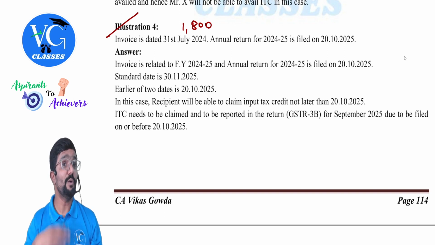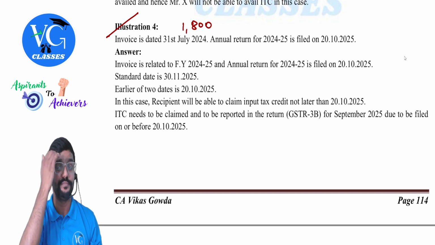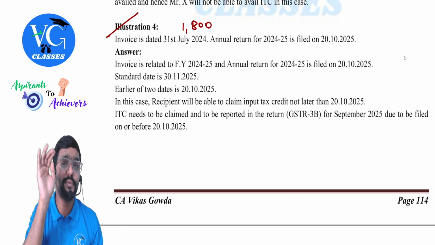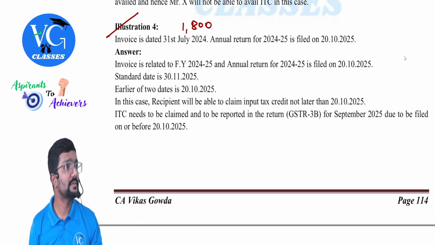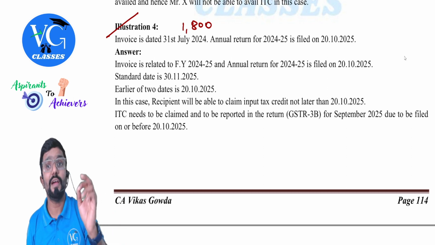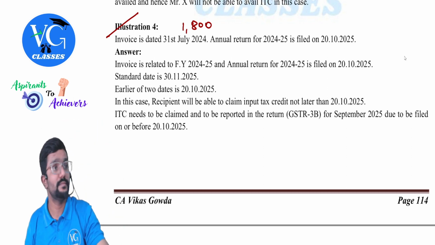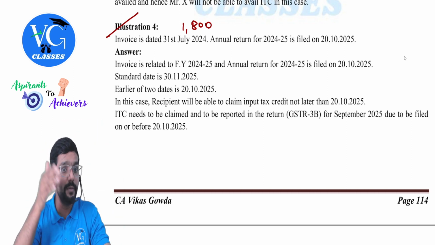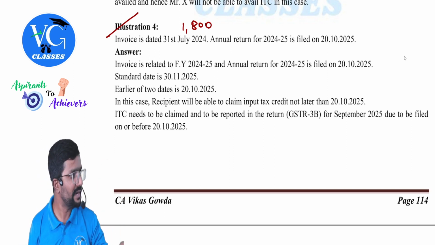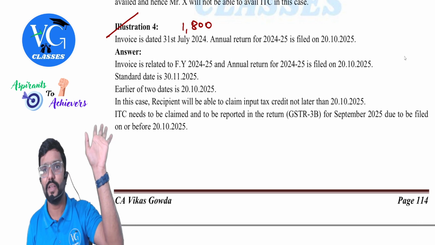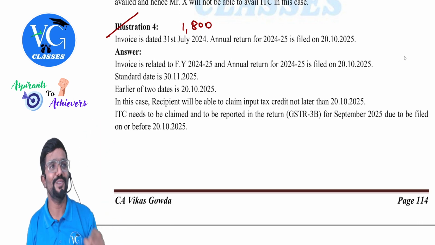Is that clear? Now there can be a chance like this also. Please listen. Now assume the September month GSTR 3B is filed late. He filed it on 22nd October. Tata bye to the 1,800 credit. You can file GSTR 3B, you can delay, and for that there will be some late fee and all. But can you claim credit? No. Why?